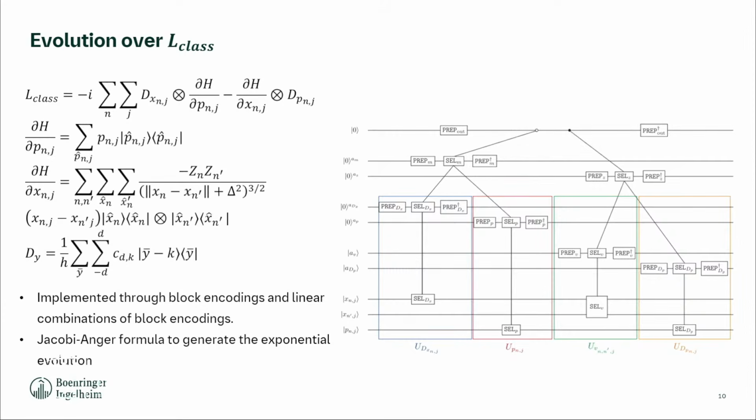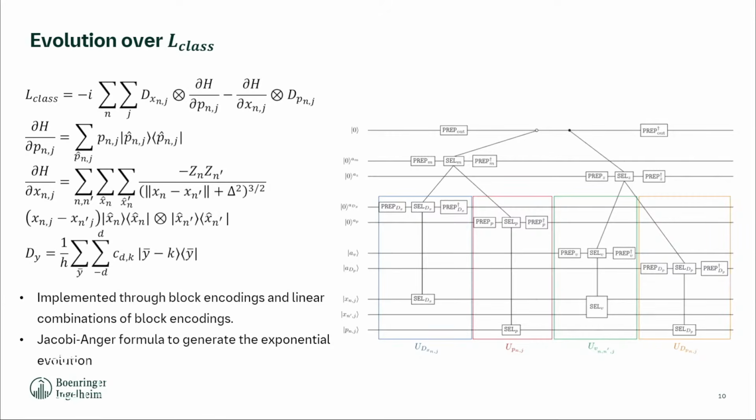So in the evolution, we split the Liouvillian into a classical part and an electronic part. The classical part just takes the classical dynamics of the nuclei into account, and that's fairly straightforward. All of these operators are basically diagonal. This is a two-body operator. This is a one-body operator in momentum.